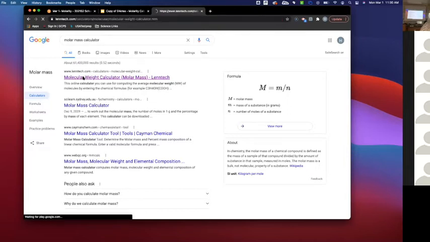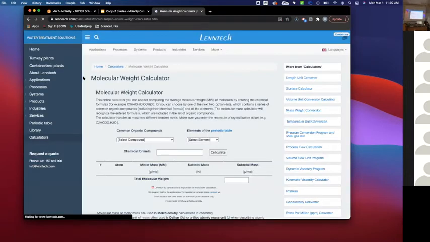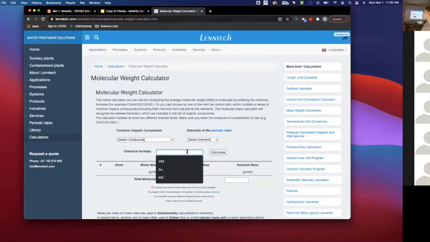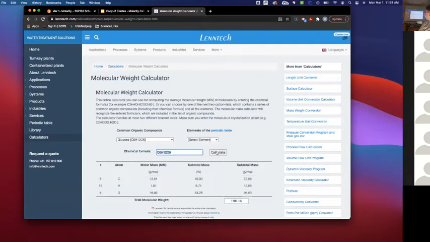If you click on this, I'm about to change some of your lives. I couldn't really share this with you during the last unit because you were supposed to know how to do it on your own. But let's say that you want to know the molar mass of some really big compound, like sugar, C6H12O6. That's a lot of math. What you can do instead is type capital C, 6, H12O6 in the formula, and then you press calculate.